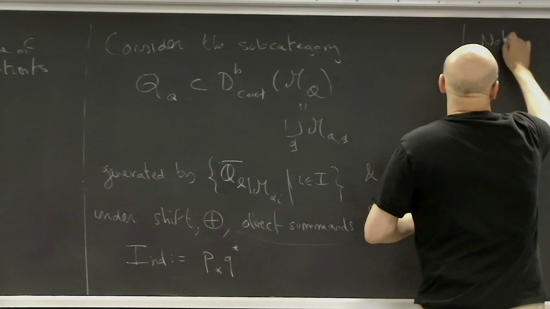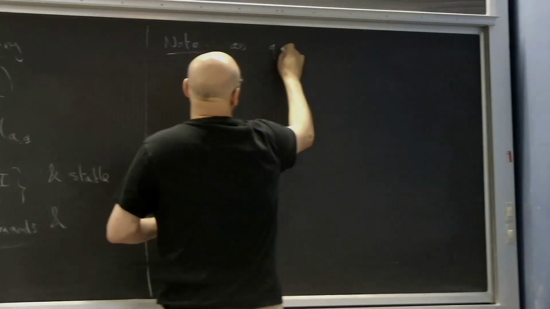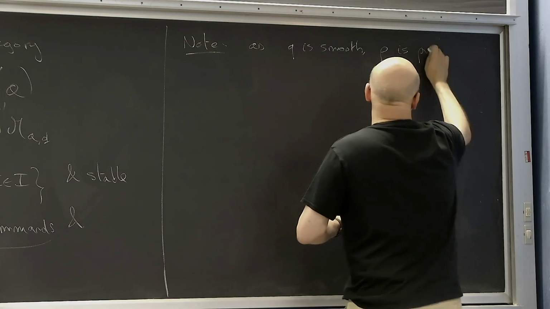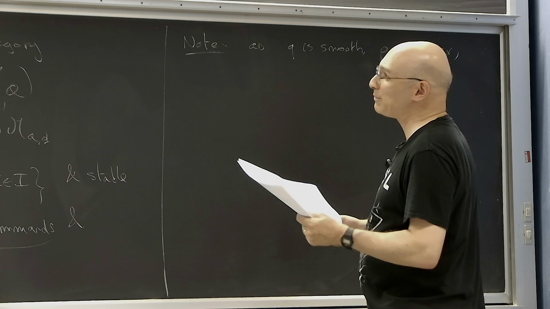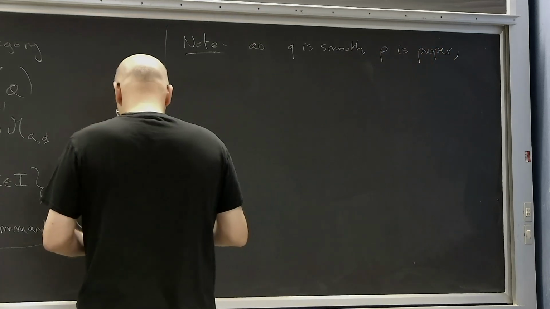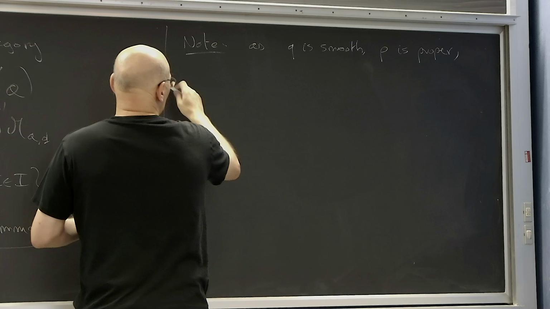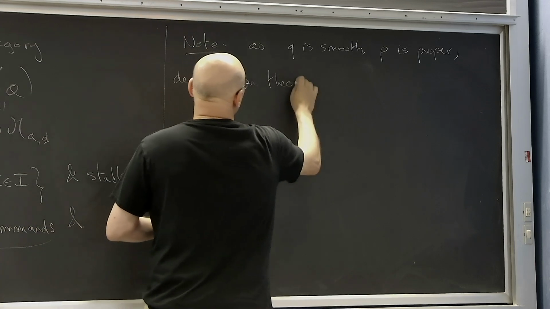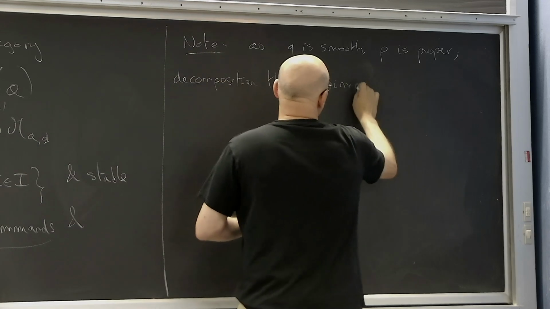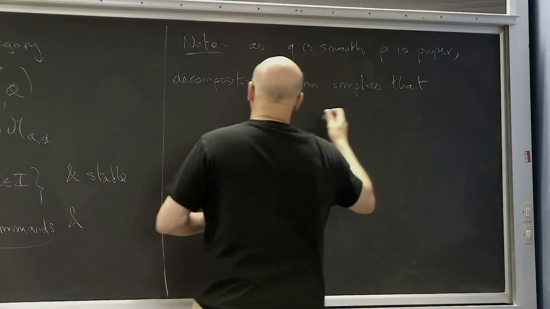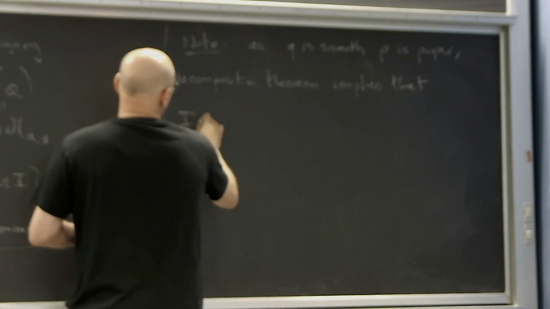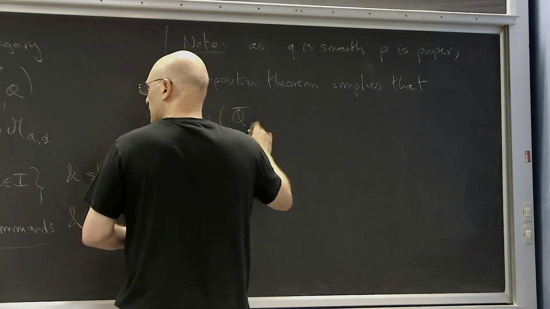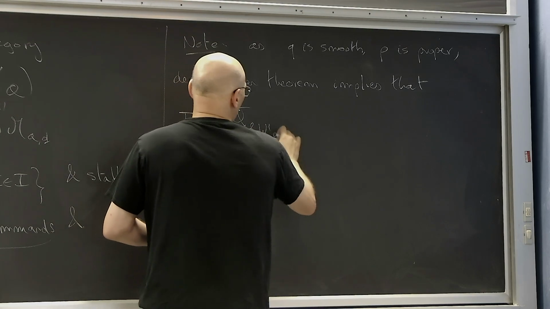So note, as Q is smooth, P is proper. The decomposition theorem that I think Junliang must have mentioned yesterday implies that, let's say, let me write iterated int, okay, int of Q L M alpha I1.